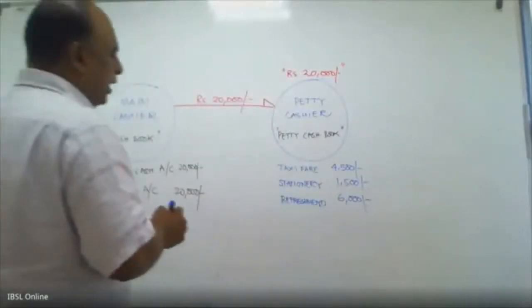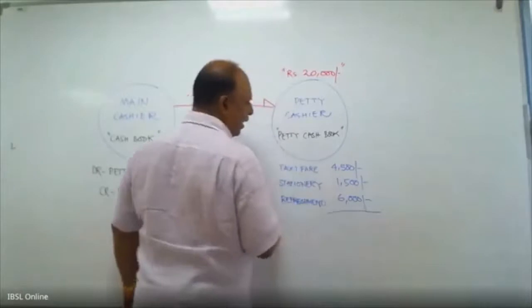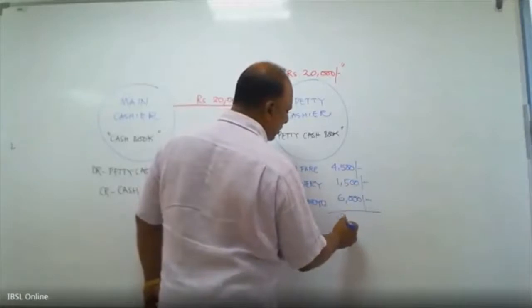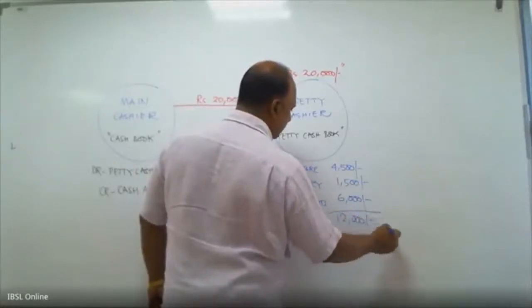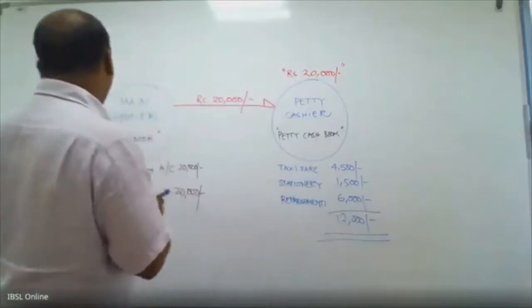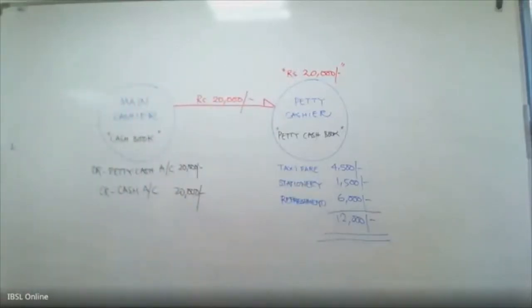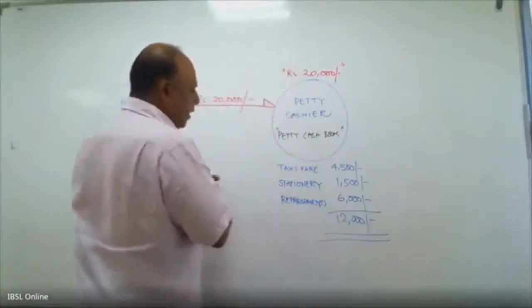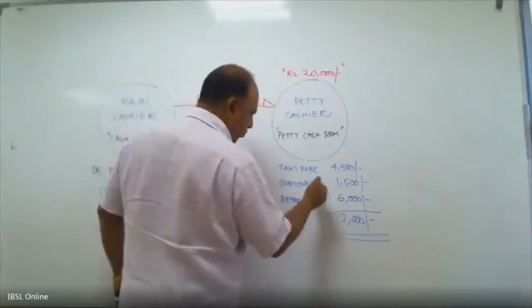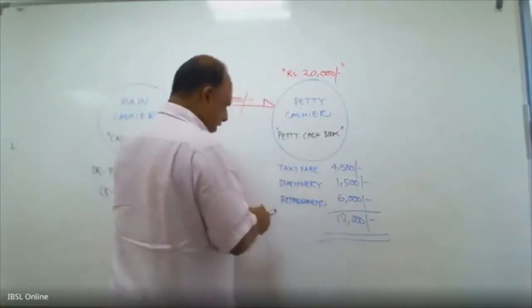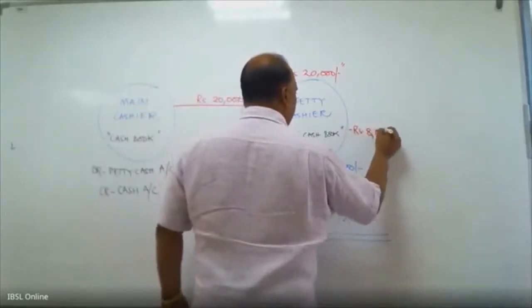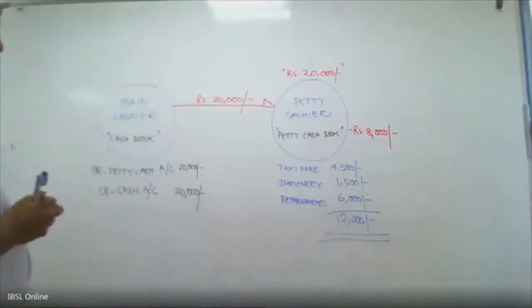In total, 4,500 plus 1,500 plus 6,000 means 12,000. Now what is going to happen? The petty cashier started with 20,000 at the beginning of the month. By the end of the month, he has spent 12,000, which means he has a balance of rupees 8,000. Okay, this is what happens.